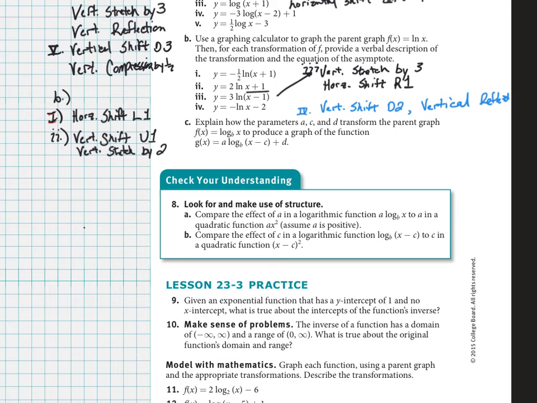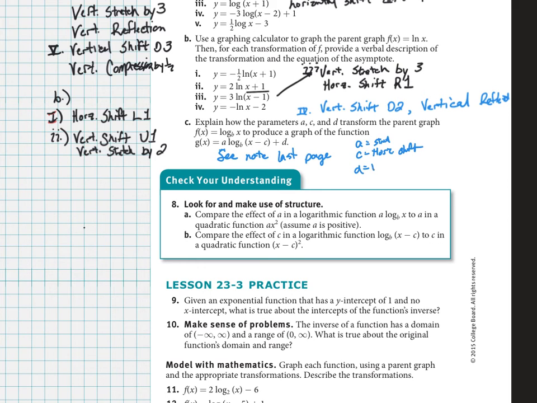And I think on C we're just going to move past this one. You have your notes. If you wrote your notes, just put C notes on previous page. Because what the information they're looking for is that the A stretches, the C shifts vertically, vertical shift, and the D stretches.